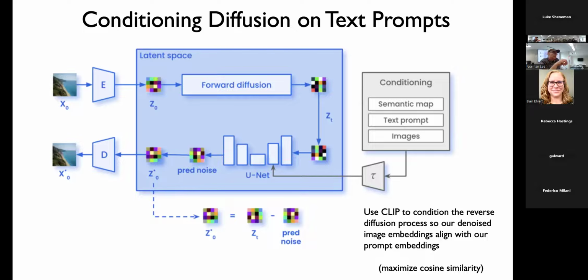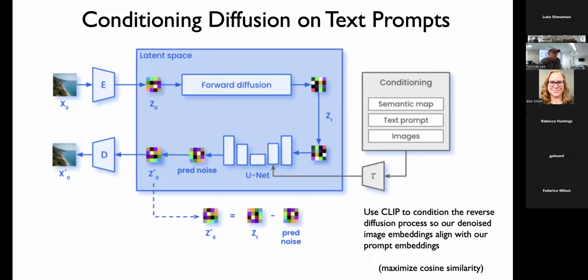You give it a prompt, and as it's doing the reverse diffusion process, it's basically computed the embeddings for your text prompt, and at each step along the way, as it's denoising the image, it makes sure that the image embeddings from the denoised image are in alignment with your embeddings for your text.